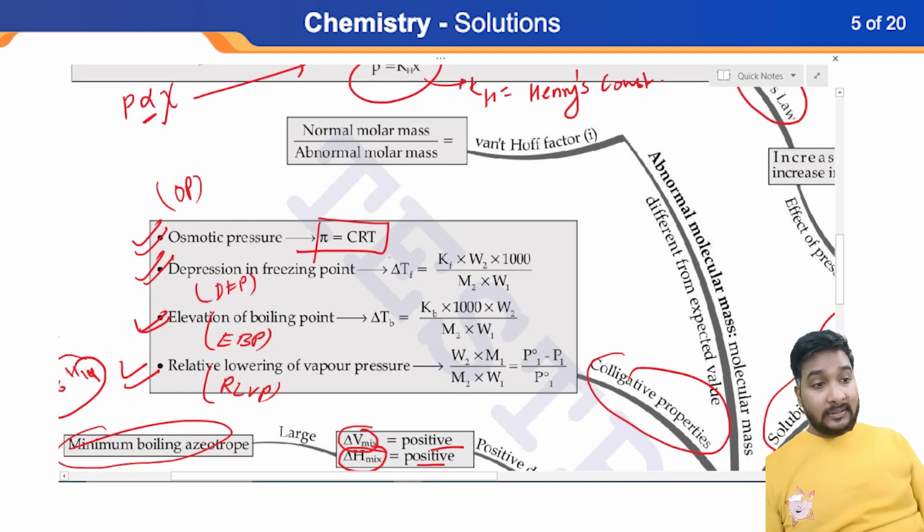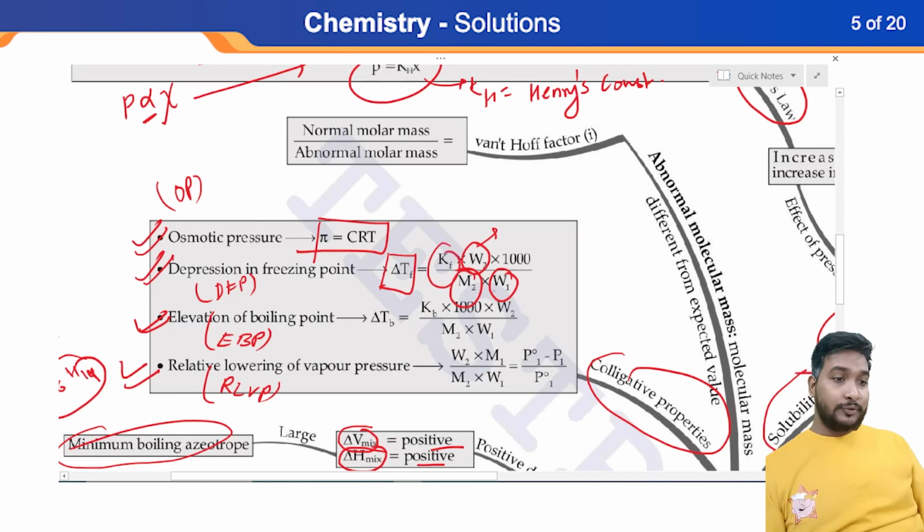Depression in freezing point, delta TF, the symbol, equals KF into W2 into 1000 upon M2 into W1. W2 is weight of solute, W1 is weight of solvent, M2 is molecular weight of solute, and Kf is obviously the constant value which will be given to you in the question.